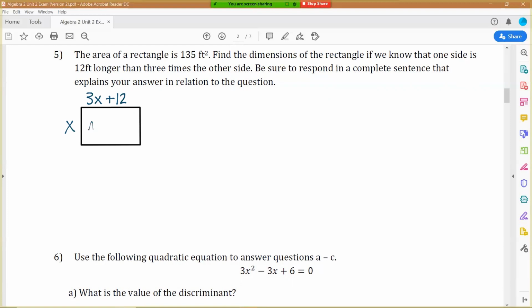And then we know that the area is 135. We know to find the area of a rectangle, you take length times width. So we're going to take the length times the width and set it equal to our area, which is 135.